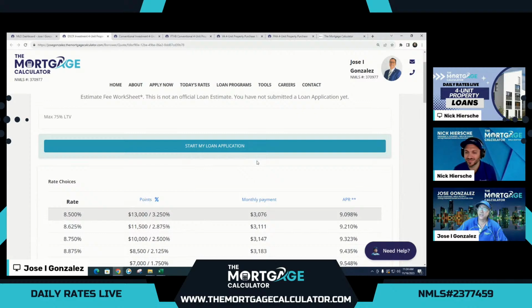So 9% is costing you 0.75 points, and you can buy that down to 8.5%. And I will state that 80% is an option as well on the DSCR, whereas 80% is not an option on the conventional when we're talking about investments.